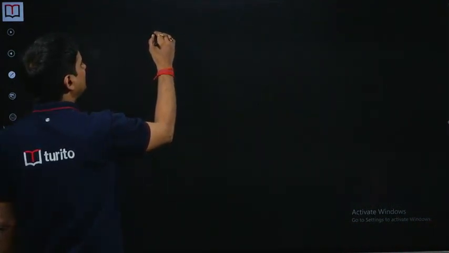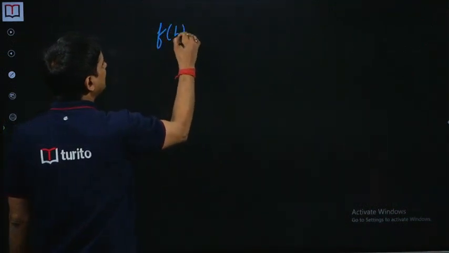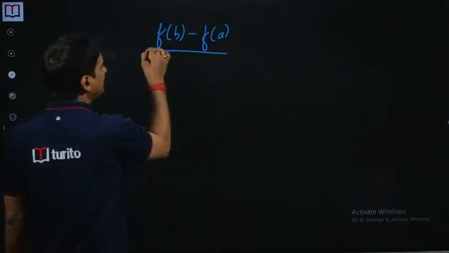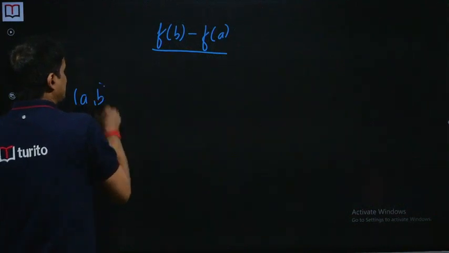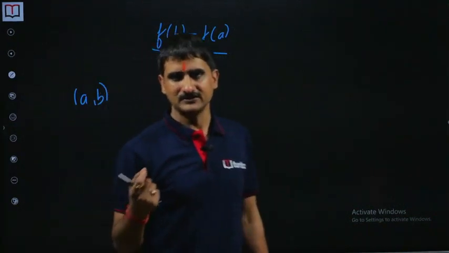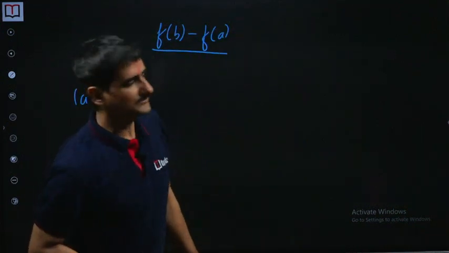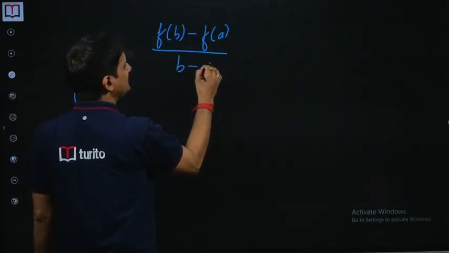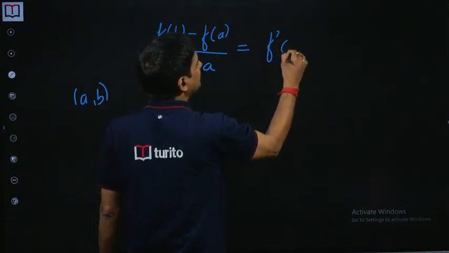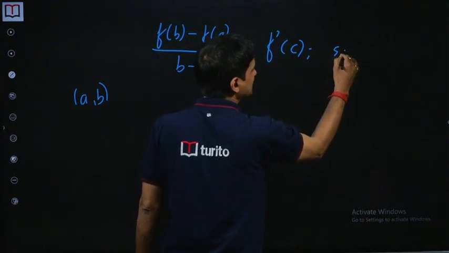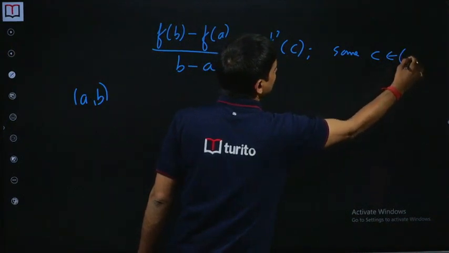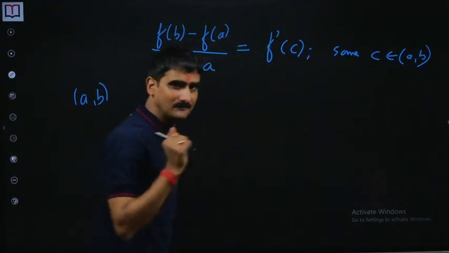So I said we know from LMVT, if I apply it over the interval a to b, isn't that? So the statement says, if function f(x) is continuous and differentiable in the interval a to b, then f(b) minus f(a) upon b minus a will be equal to f dash of c for some c, at least one c in the interval a to b. Yes or no?